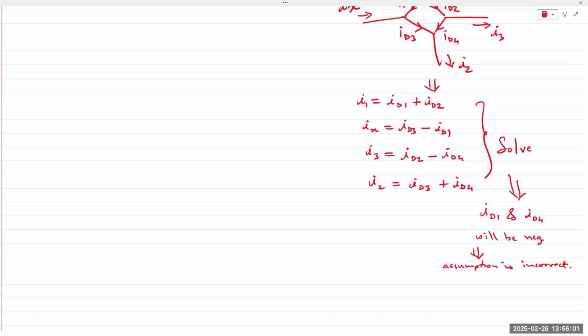But the most logical sense would be to take the two diode currents that we received as positive, we would assume those two on, and the ones that we obtain negative current, we would assume those two off. So in this case, not saying that it would be correct, but that just seems the most reasonable choice to make.